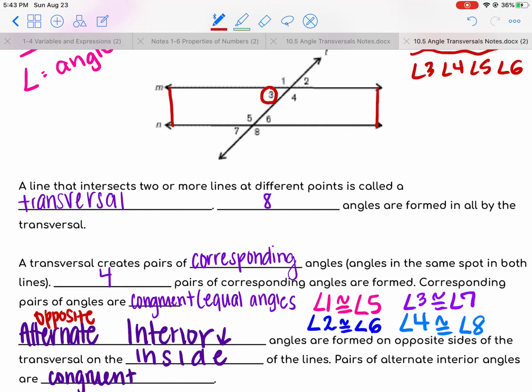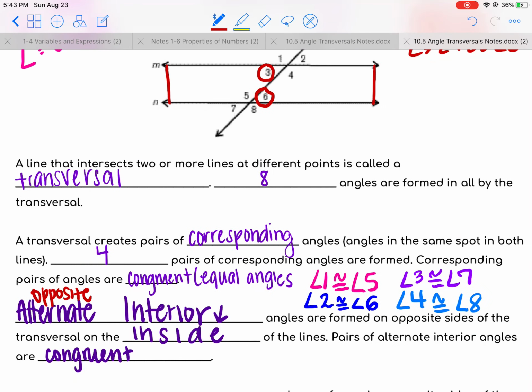If I do 3 and 4, they are side by side. That is not opposite. 3 and 6 are going to be your alternate interior angles. They are on opposite sides of my transversal, and they are inside my lines.